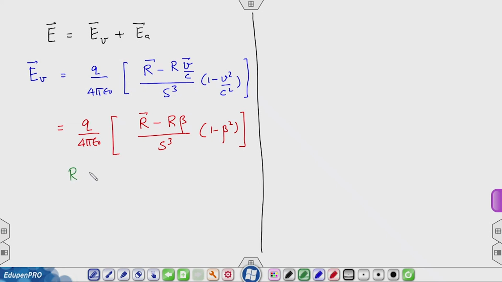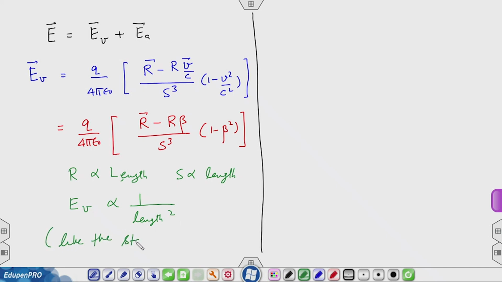Since R has dimensions of L, S has dimensions of length again. So, EV is proportional to 1 over length square, like the static field. And this, you can check, has the same form as derived by Lorentz.